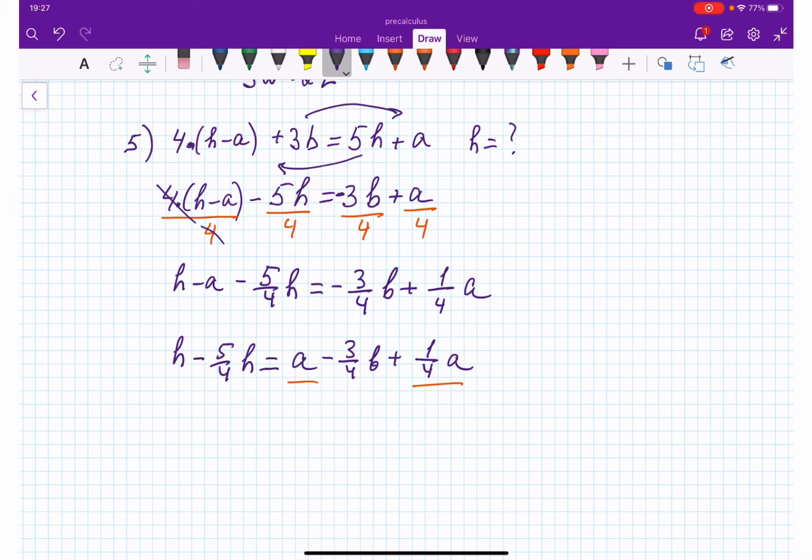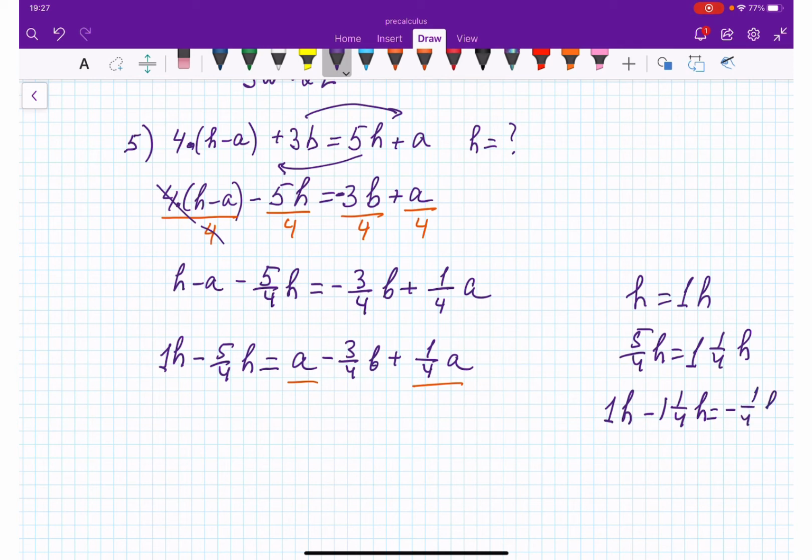So H minus 5/4 H. Here we have 1H, right? H or 1H, it's the same thing. Or just like we say an apple or one apple, right? So 5/4H, it's 1 and 1/4 of H. So if we do H minus 1 and 1/4 H, it's going to be equal negative 1/4 H, correct?